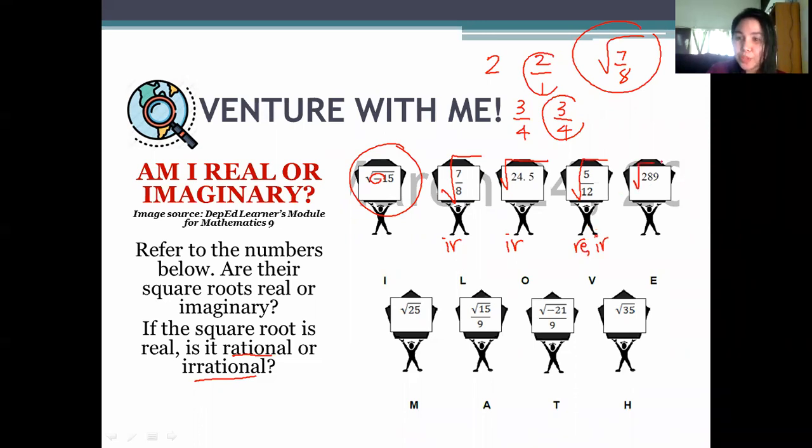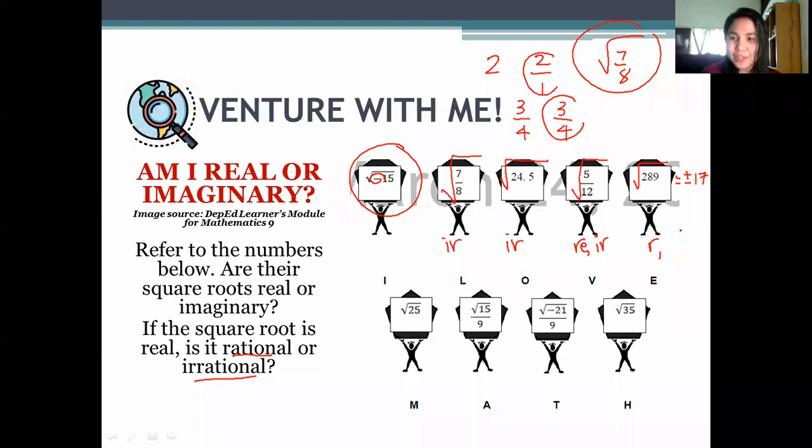Next, square root of 289. Real or imaginary? Very good, real. Next, rational or irrational? What's the square root of 289? Plus and minus 17.